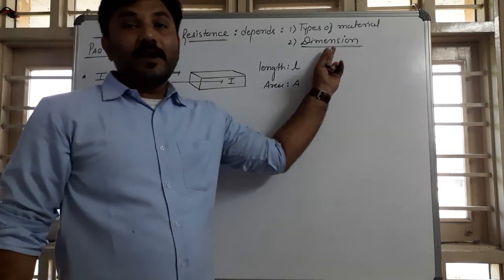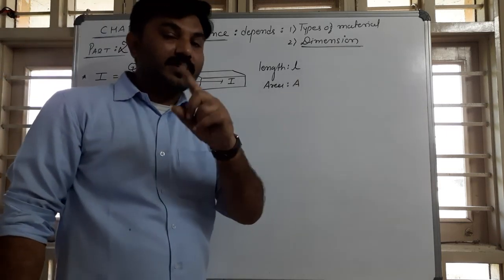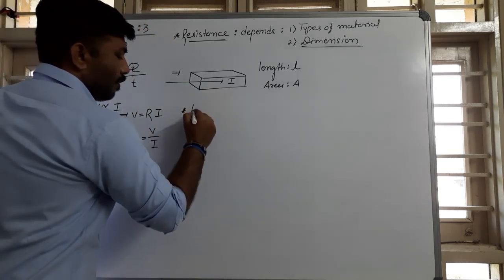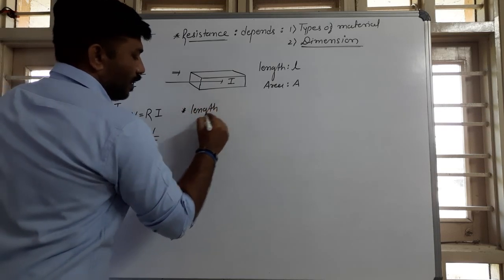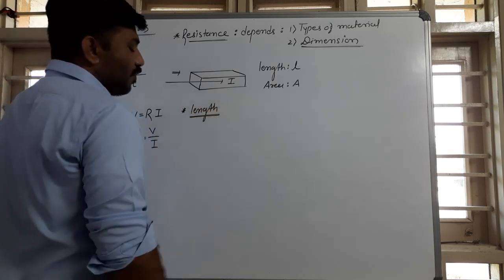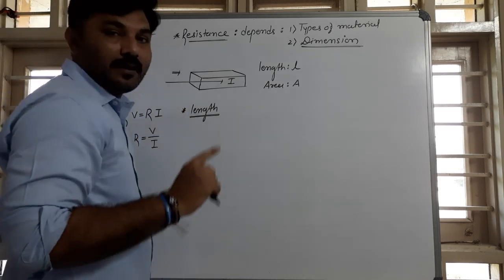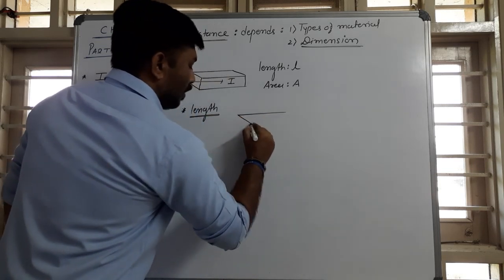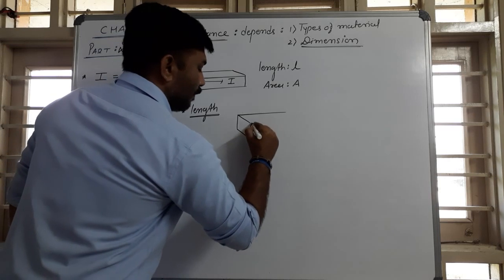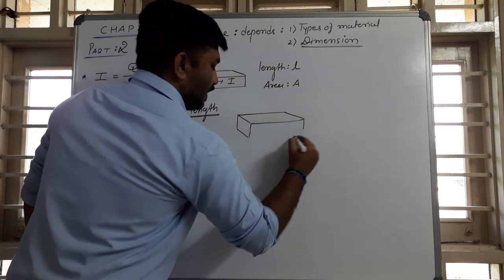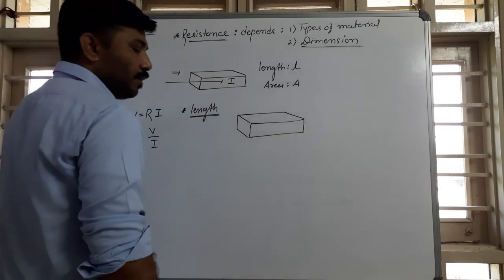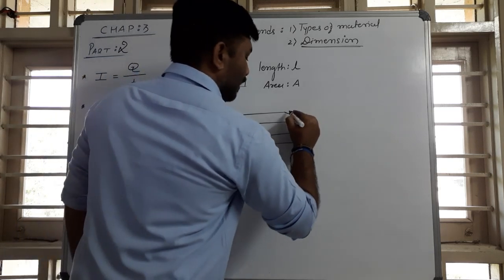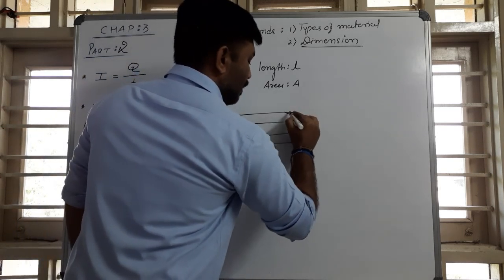Now let us see how it depends upon dimension. First case, we are taking length, meaning the resistance of a conductor depends upon length. Let us see how. Let us take two conductors of the same area. This is conductor number 1 having length L. Let us take the same conductor having the same length.